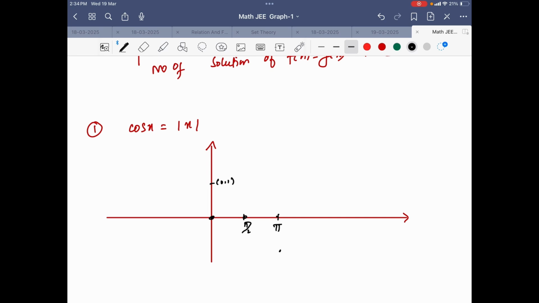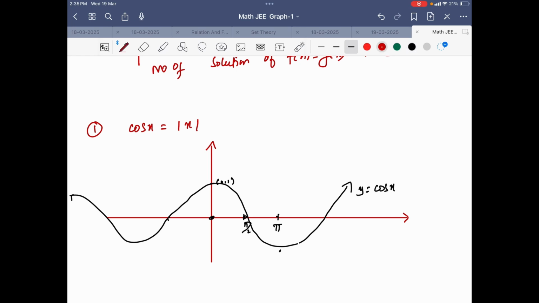The graph goes like this. This is the graph of y equal to cos x.